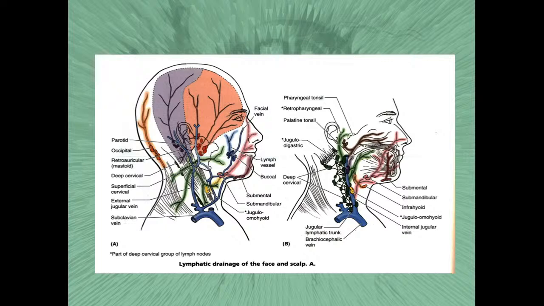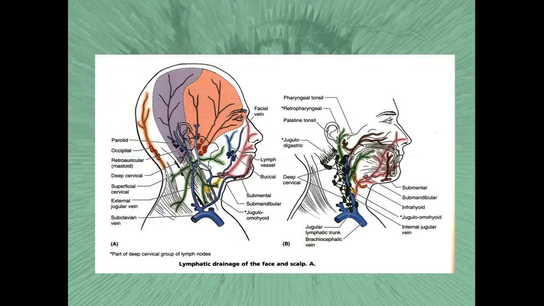Then from all the mentioned groups of the lymphatic nodes, lymph drains into the lymphatic nodes of the neck. These lymphatic nodes are subdivided into the superficial and deep lymphatic nodes of the neck first. Then deep lymphatic nodes of the neck are also subdivided into the superior deep cervical lymphatic nodes and also the inferior deep cervical lymphatic nodes.